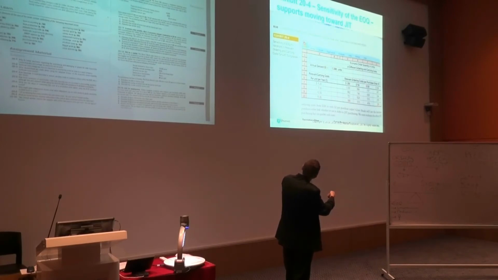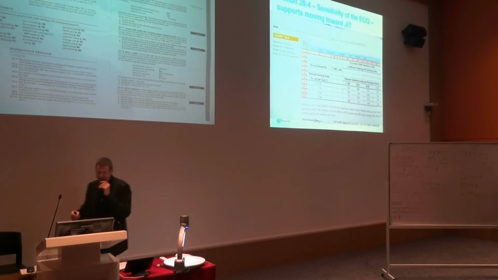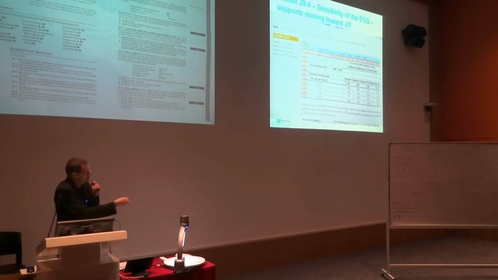There are variations in the relevant ordering and carrying costs. In other words, sensitivity supports moving towards just in time. We don't want to go to this edge of the table, we want to go closer to this edge over here.